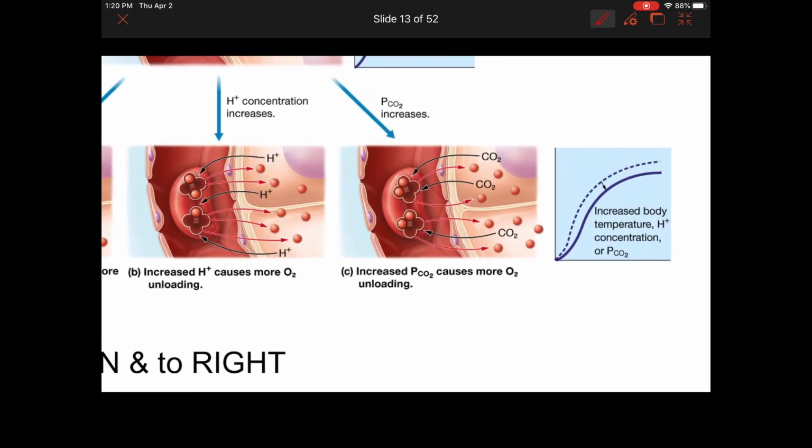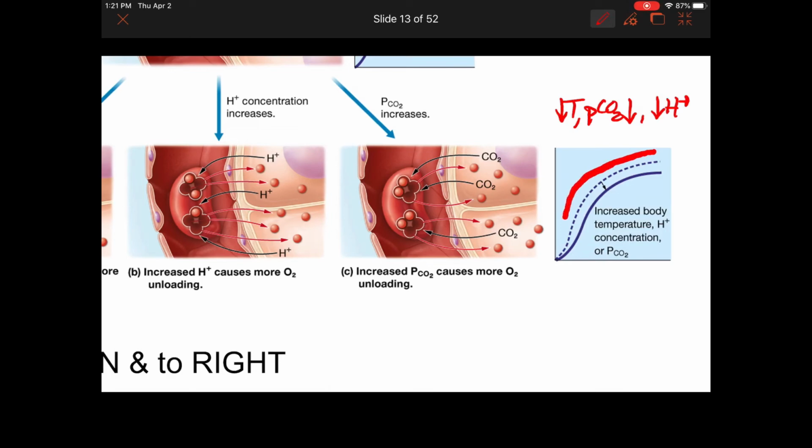So looking at our graph one more time here in the lower right part of the screen, in principle, the graph can also shift up and to the left as well. If body temperatures are lower and carbon dioxide is also low and acids are low, that also causes a shift in the graph up and to the left.